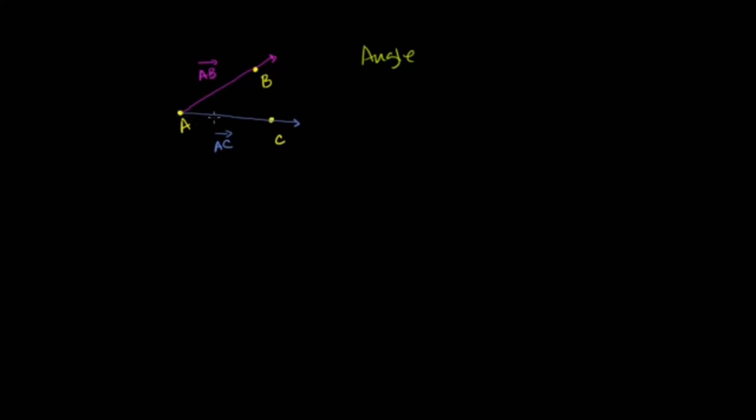This looks like a little bit of a corner right over here at point A. But the geometric definition is when two rays share a common vertex. That common vertex is called the vertex of the angle. So A is not only the vertex of each of these rays, ray AB and ray AC, it is also the vertex of the angle.